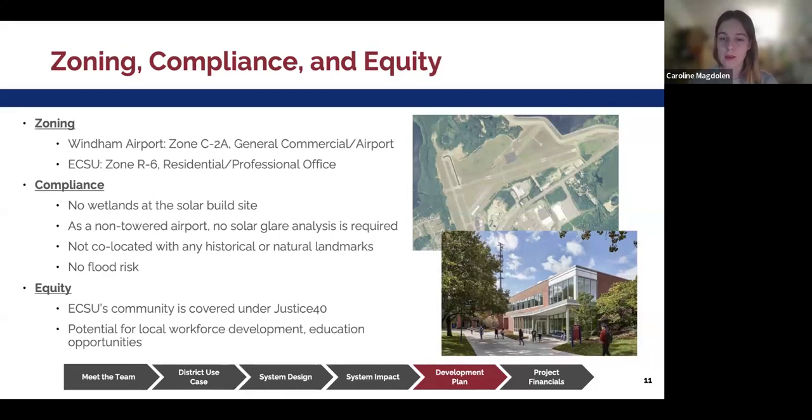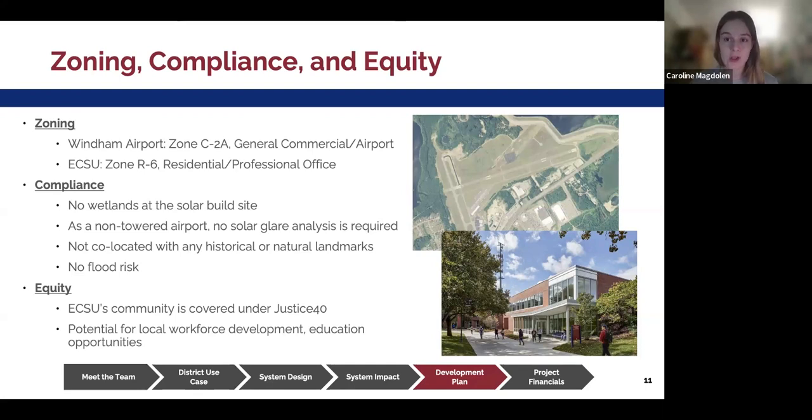On the equity side of things, we also, as already mentioned, noted that ECSU is located in a disadvantaged community, which means it could be eligible for some Justice40 benefits or programs developed through the larger initiative. One example of this that we discussed in our proposal is the Federal Energy Management Program, which would have potential for local workforce development and would also be able to prioritize small businesses and also minority-owned businesses in terms of who we would choose for solar installation and potential workforce training.